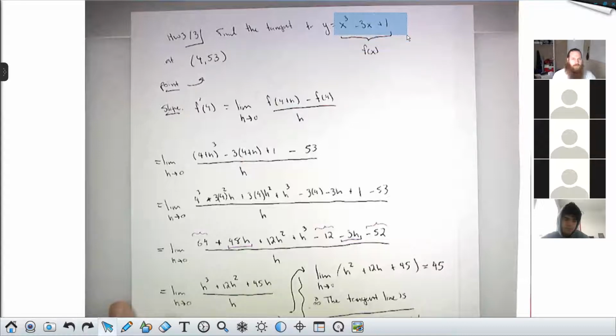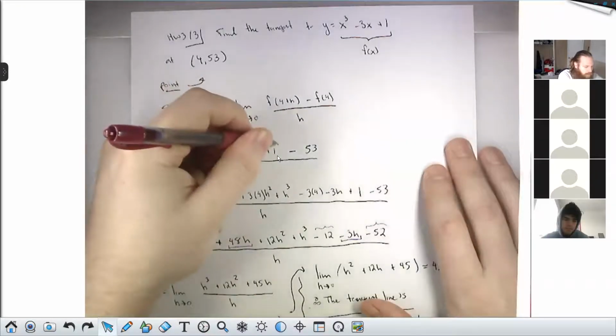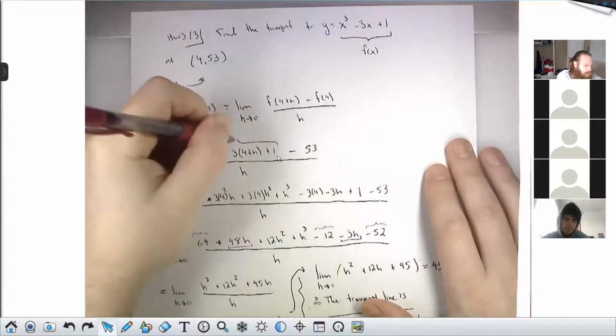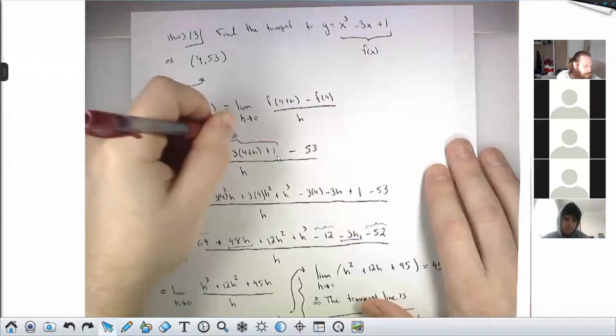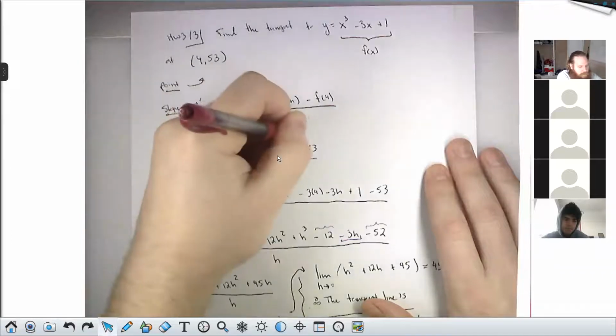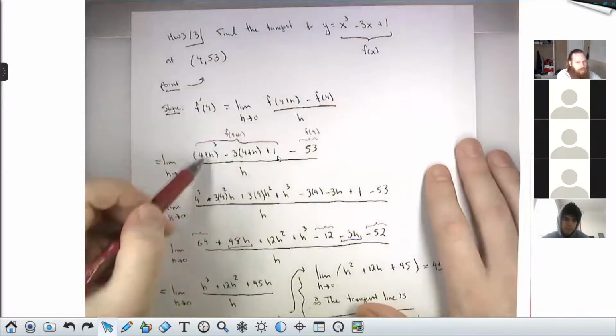So if you take x cubed minus 3x plus 1, and everywhere there's an x, you write 4 plus h instead, you get (4 plus h) cubed minus 3 times (4 plus h) plus 1. So this piece right here is f of 4 plus h, and this piece is f of 4. So the cube came from there.